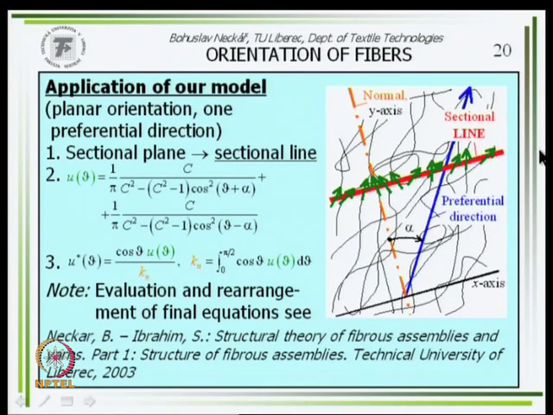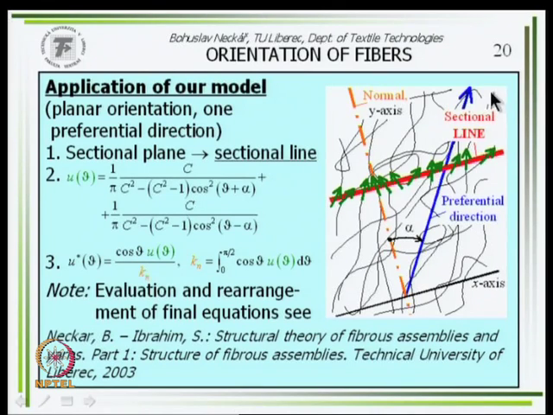In a planar case, the section is reduced to a sectional line. This thick red line is our section. We define the y-axis perpendicular to the section, and perpendicular to it is the x-axis, of course.